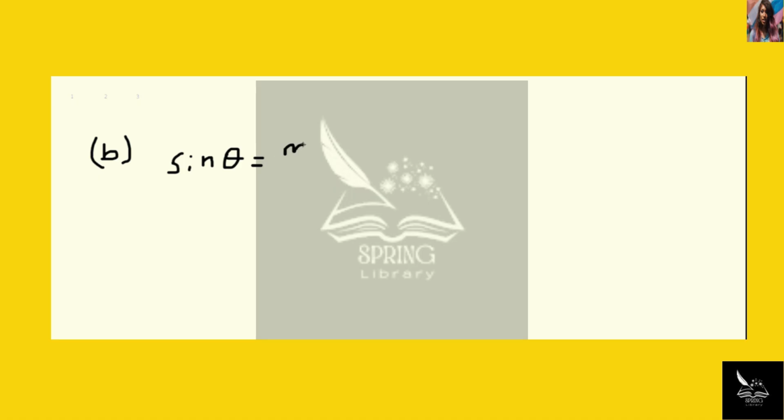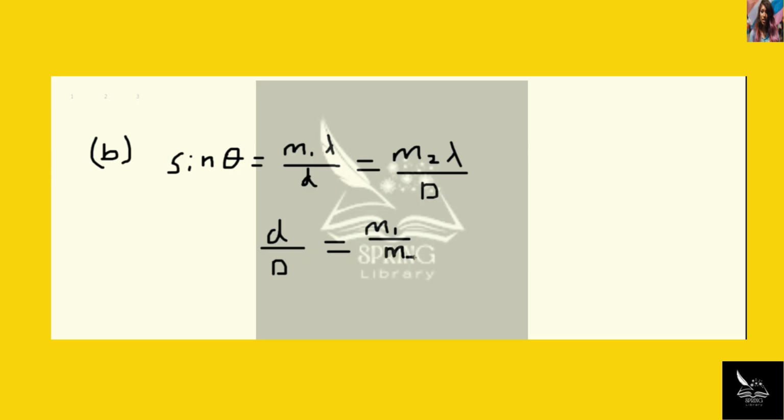Well, if we go back to what we started out with, we have the sine of the angle, theta, is equal to m1 lambda over little d, which is also equal to, from the beginning, m2 lambda over big D. Rearranging these equations, we find that little d over big D, the lambdas cancel because they're the same in both situations, is equal to m1 over m2. This is what we were asked to show, so we can simply box that in.